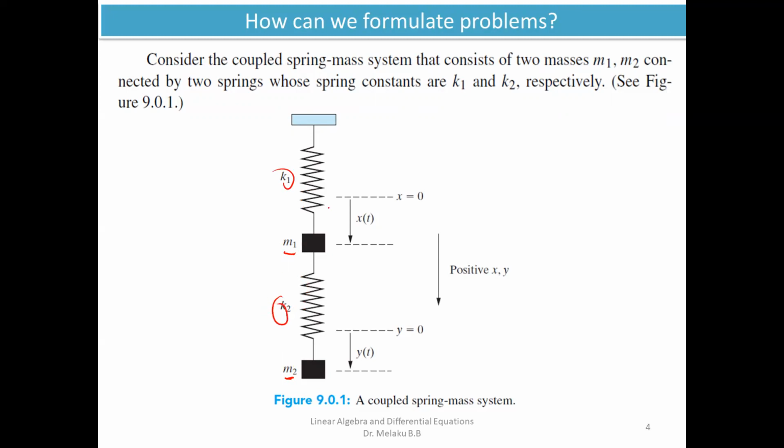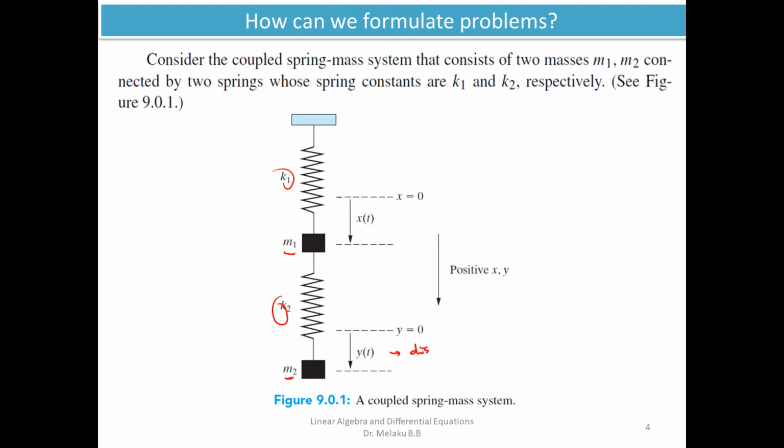Then you see, upon applying a certain mass on this spring, there must be a certain displacement. Originally the spring was here at x naught, and this one also at y naught. But after applying a certain force, maybe the weight, the springs will be displaced like this: x(t), y(t). So this is the displacement.